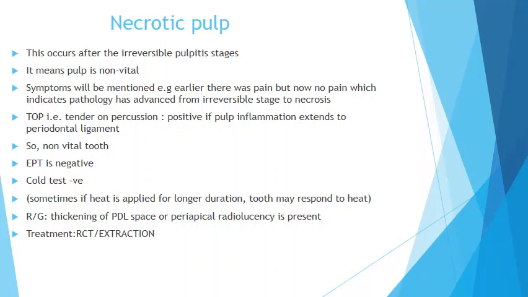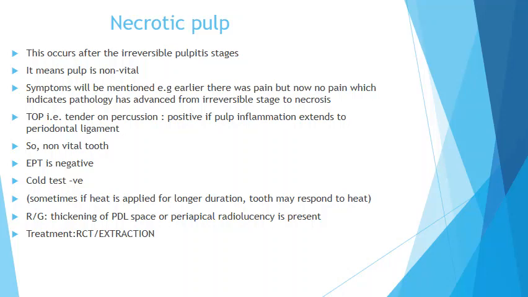Asymptomatic, there are no clinical symptoms of pain or sensitivity. On the radiograph, you might see signs of internal resorption or radiolucency. Two forms, pulp polyp, hyperplastic pulpitis, and internal resorption, are forms of asymptomatic irreversible pulpitis.